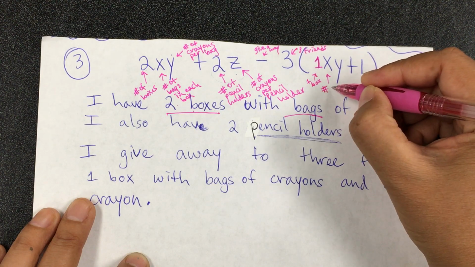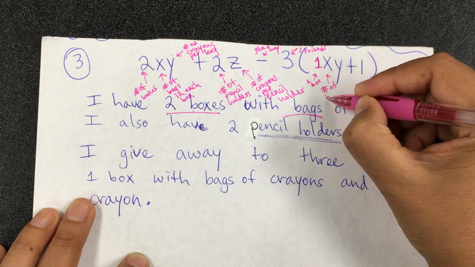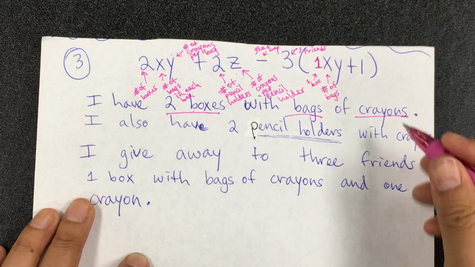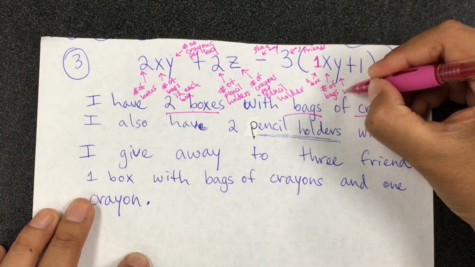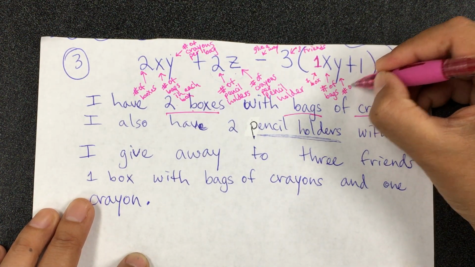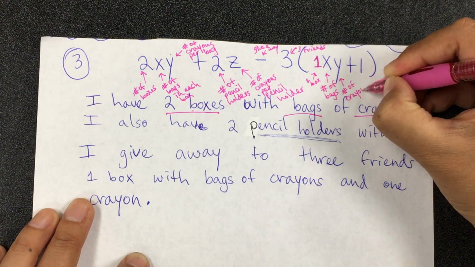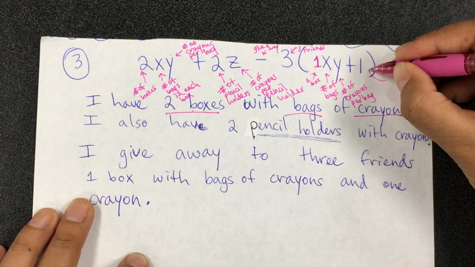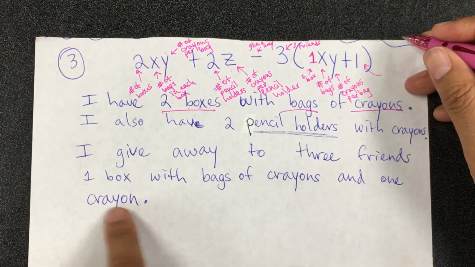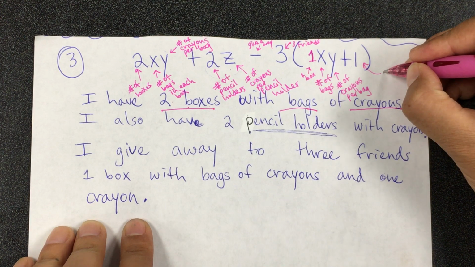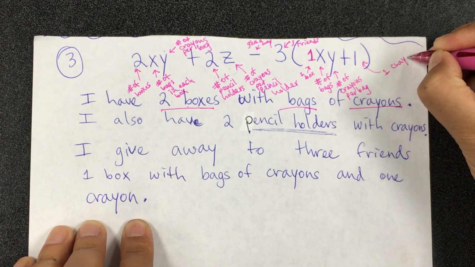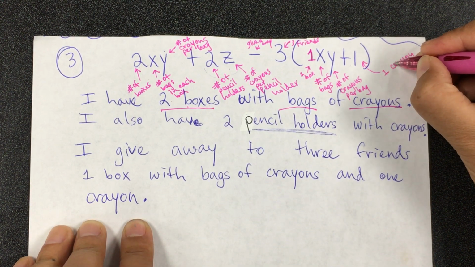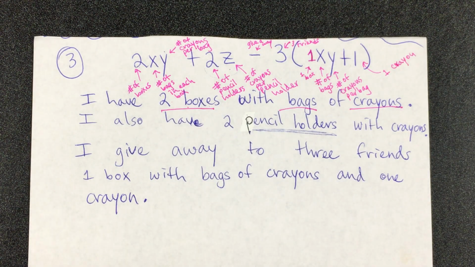Number of bags that you're giving away inside of the box, and this is the number of crayons per bag, and the loose or the 1 crayon. Okay, 1 crayon. So I know it's a little complex. It has a lot more information, and so when it comes to labeling, that's like a lot. But that's what it is.